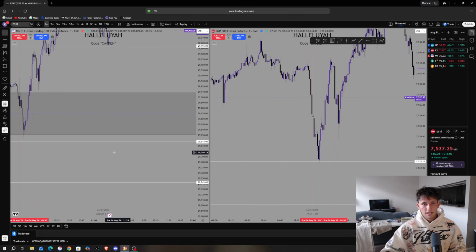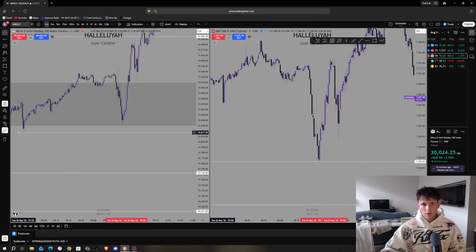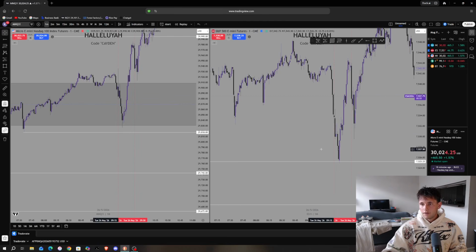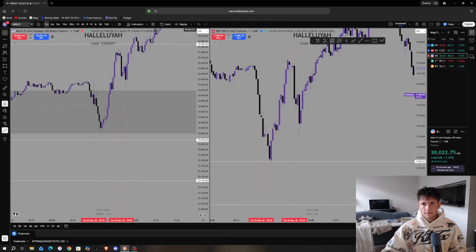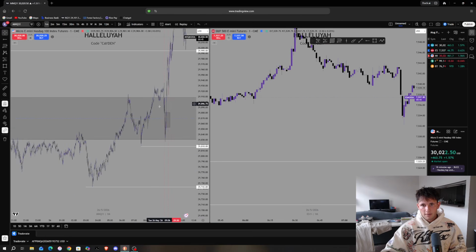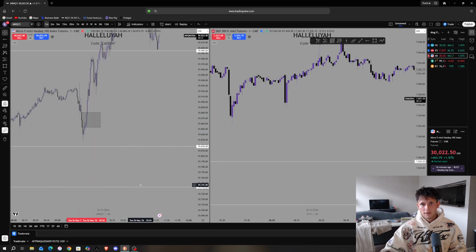So when ES swept this out, NQ didn't even sweep out this low, which was up here on ES, forming an SMT. I marked out this fair value gap here. And see, we were inside this 4-hour gap, came up, and then we were rejecting out of it. So I thought we were going to push lower.